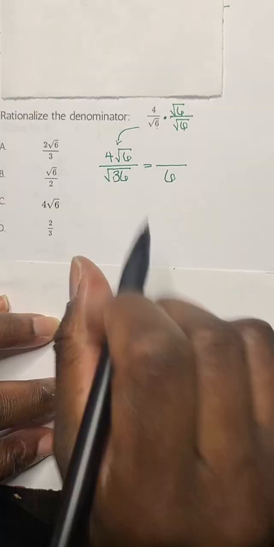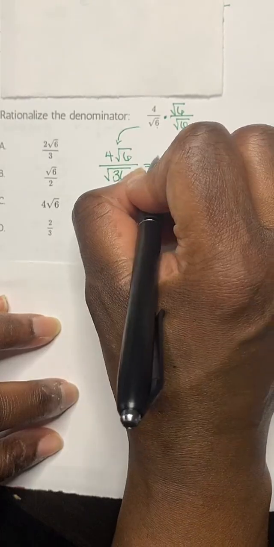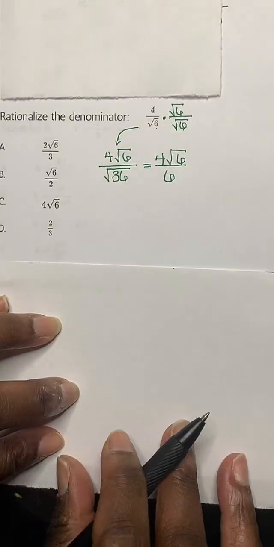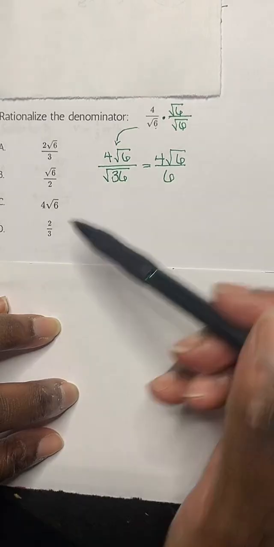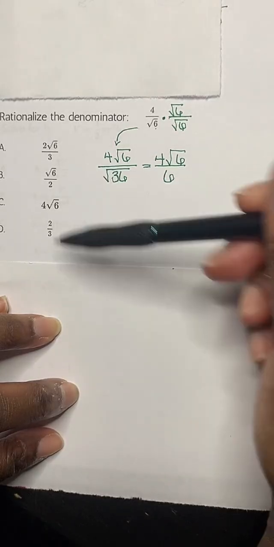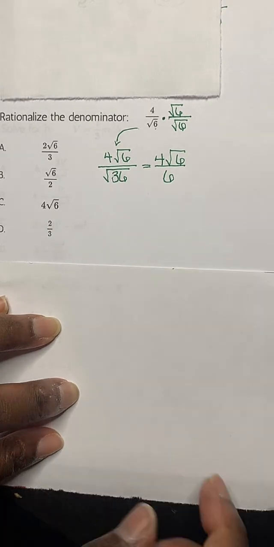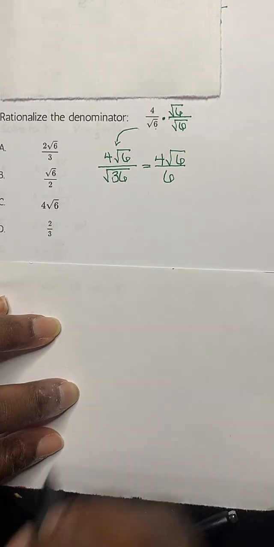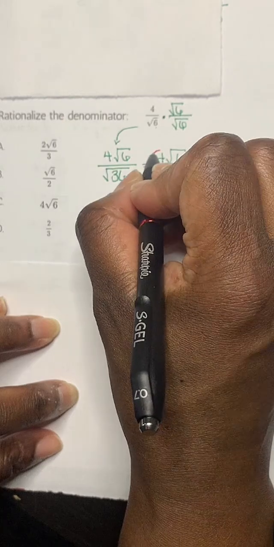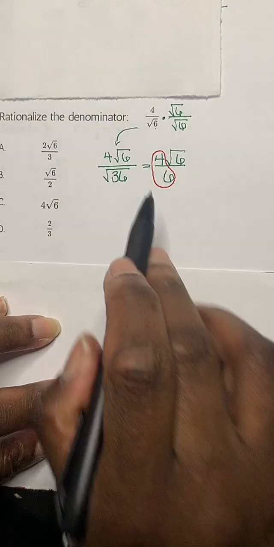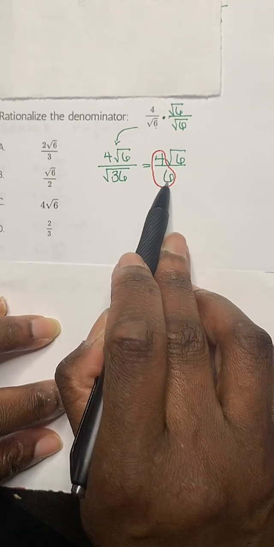So now what's left in the numerator is my 4 square root of 6. So you're probably looking at the answers and like, well, Audrey, I don't see it. Because just like any kind of fractions, we need to simplify. What number do 4 and 6 both have in common?